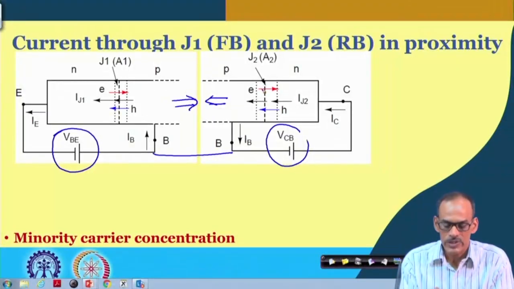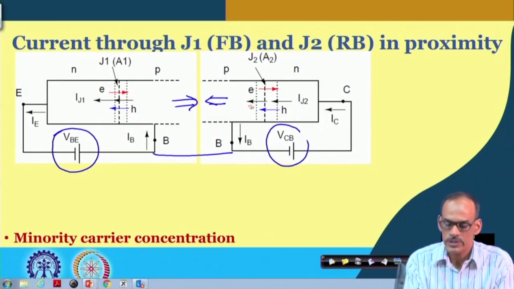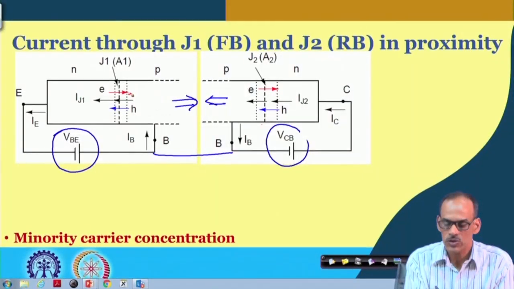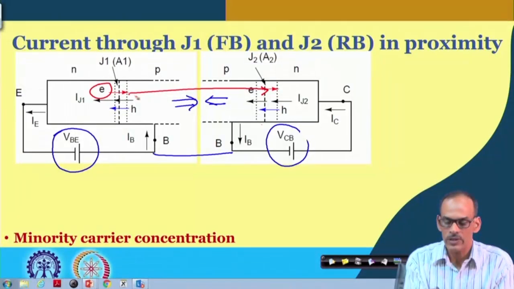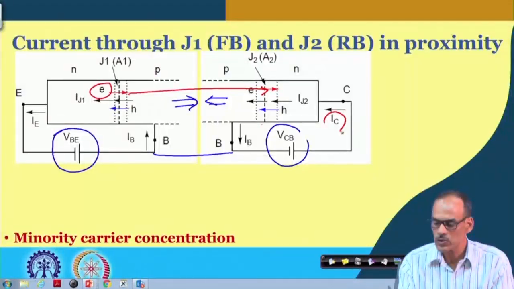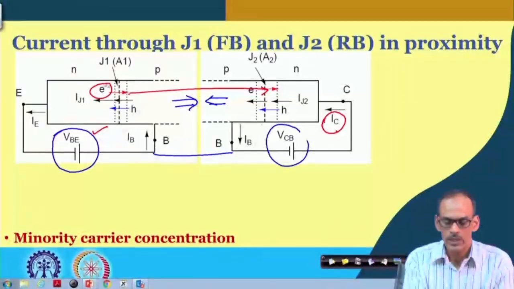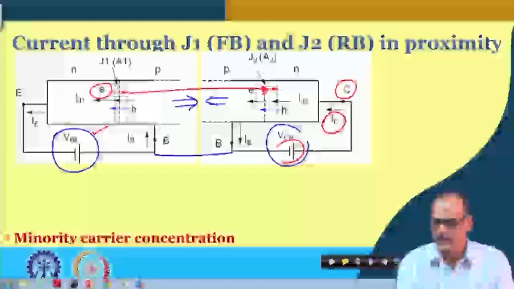But interestingly, what we are expecting is that if this electron is in the near vicinity of this junction and we have a strong reverse bias, this electron may directly jump into this one, and it may create abundant availability of electrons, contributing significantly to this collector current. In other words, based on this voltage, the electrons are getting injected into the base region and they are nicely collected by the collector terminal by virtue of this strong reverse bias voltage.